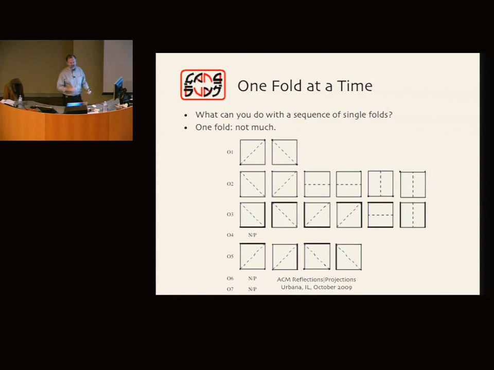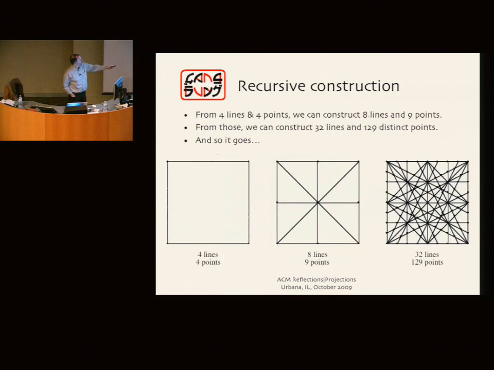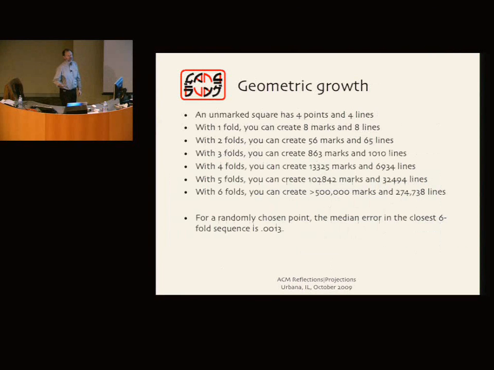That's not much. But if I now start looking at sequences of folds, well, with 1 fold, I can make any of these lines. But with another fold, if I take any combination of these lines, I can make all those lines. And there's this very rapid geometric growth that within 6 folds, there's over 500,000 different points and 250,000 different lines within a square.